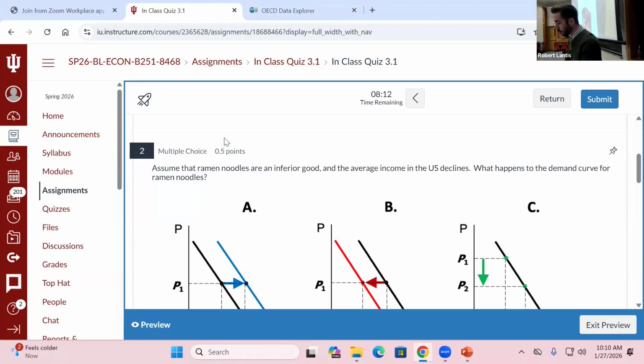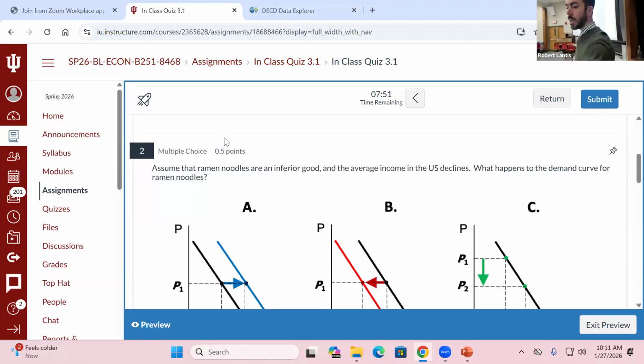And then the opposite would be true as well. If I see decreases in income, what will happen to the demand for inferior products? Well, now people are kind of forced to buy those. I have to rely on public transportation, so I have to buy more of that. I can't buy a new car. So for inferior products, income and demand work in opposite directions.